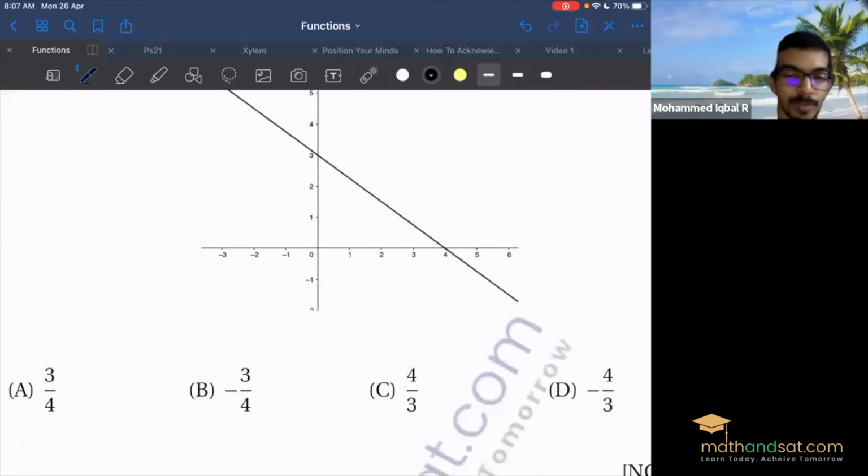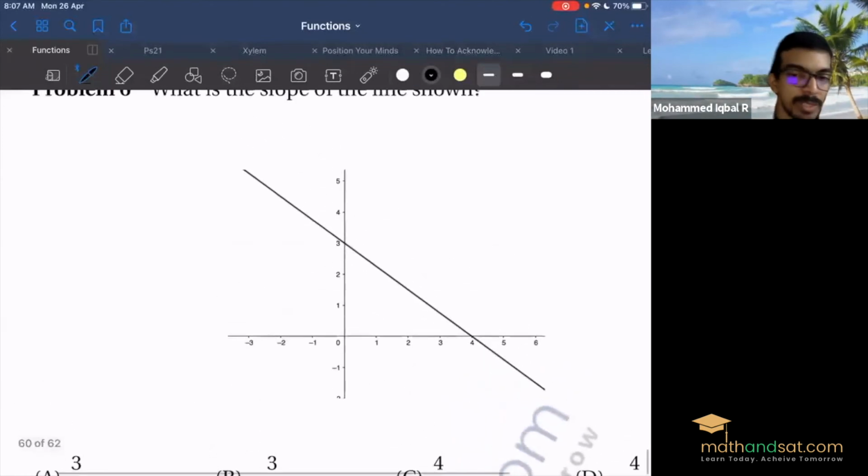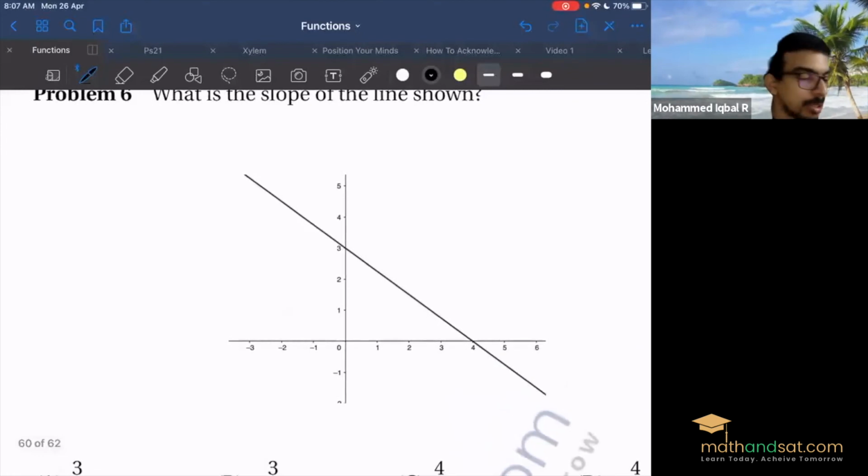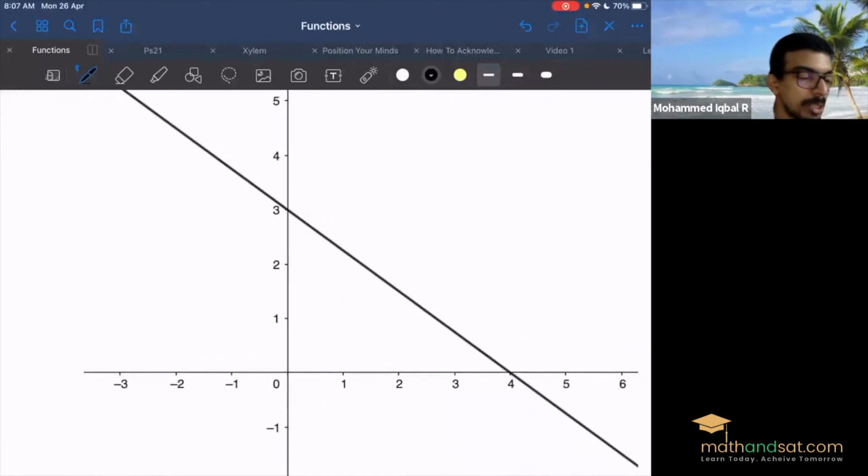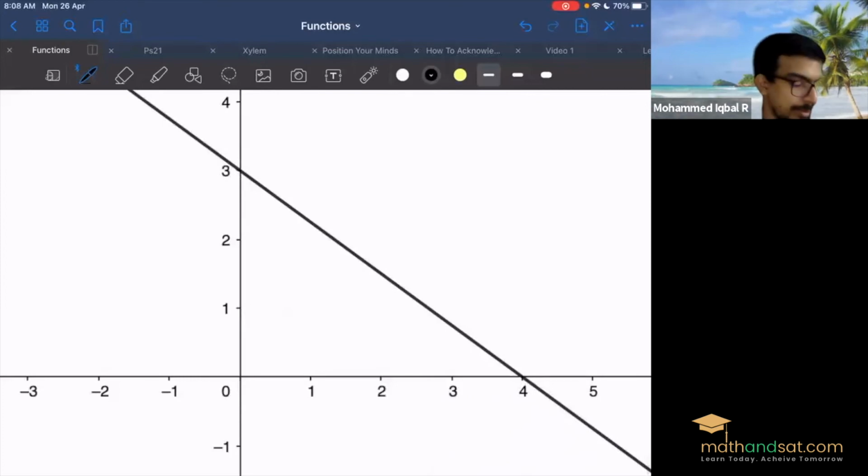All the 4 possible combinations are given in the options. Can you tell me what will be the slope of this graph? Others, please let me know the answer.